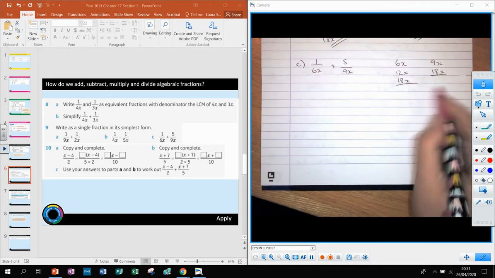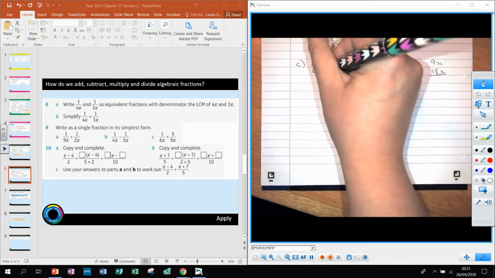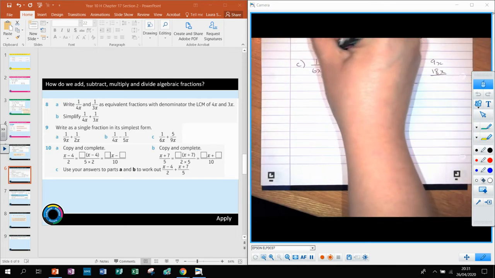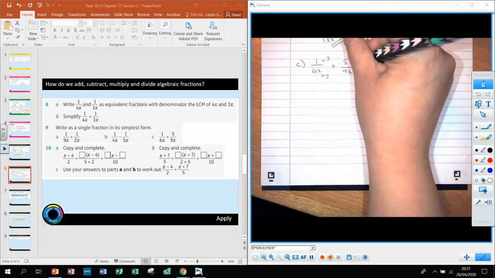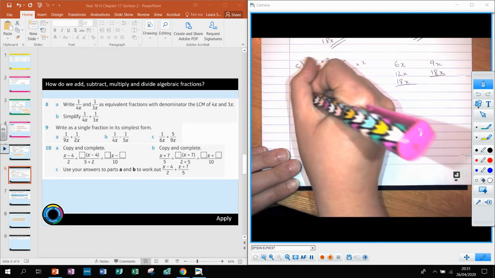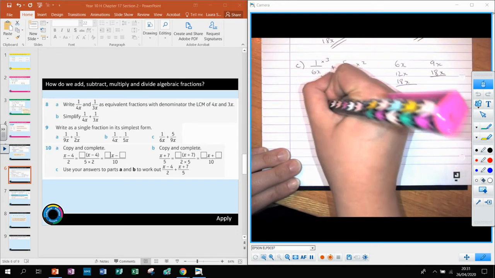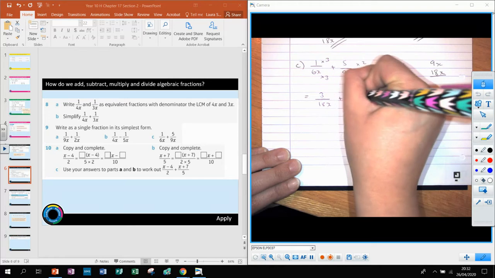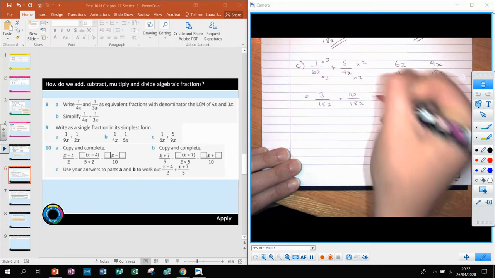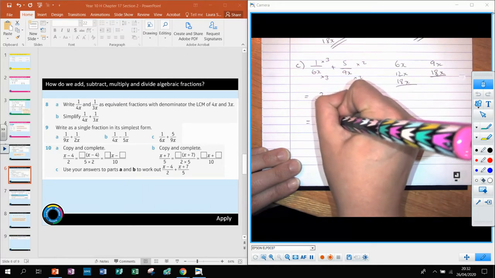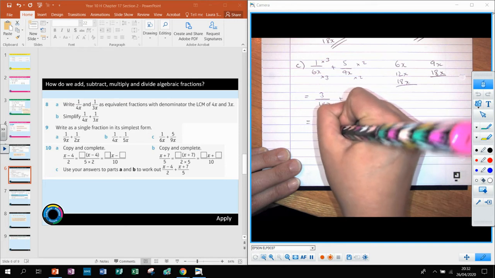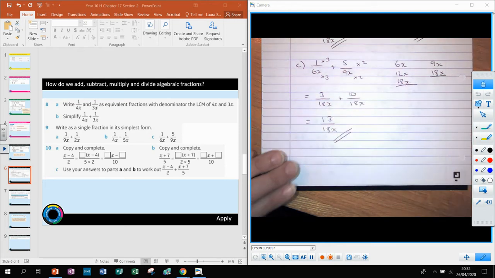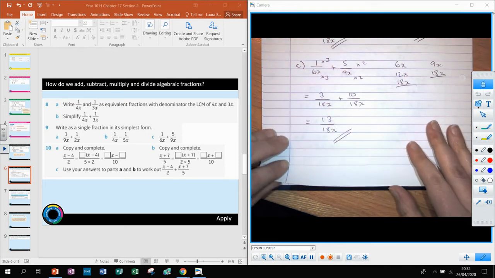So actually I would rather use 18. It's smaller. So we're going to multiply that by 3, and this one by 2. And that will give us 3 over 18x plus 10 over 18x, which gives us our final answer of 13 over 18x. Okay, so really well done on that.